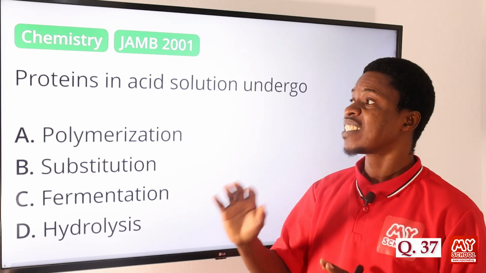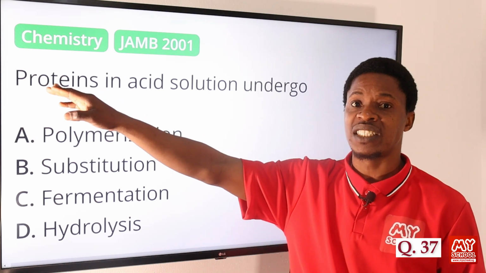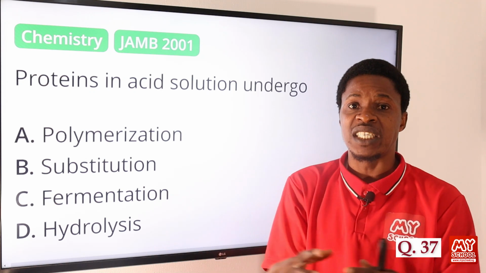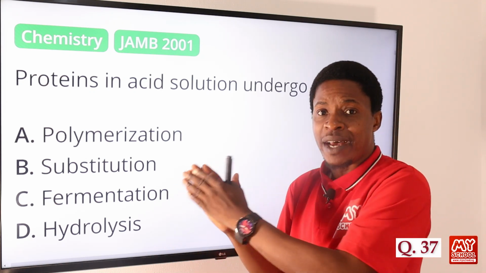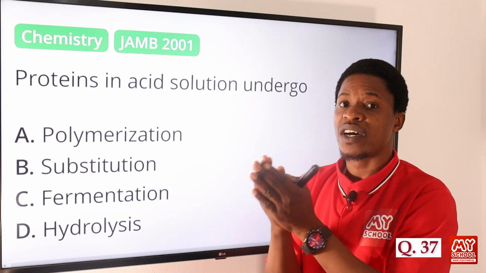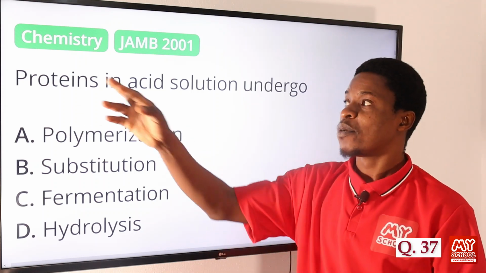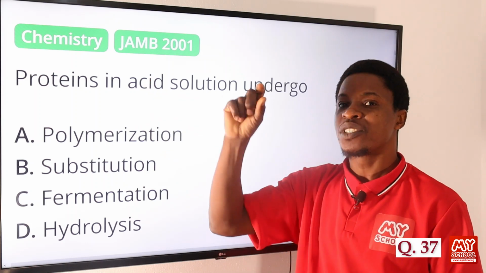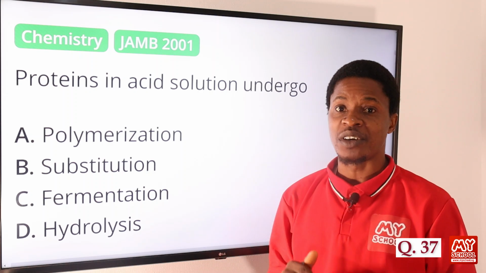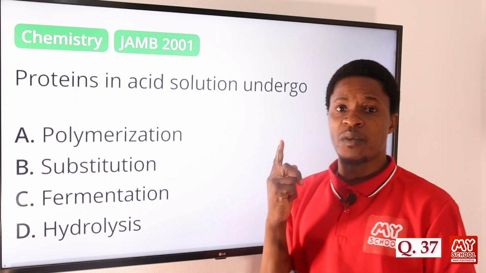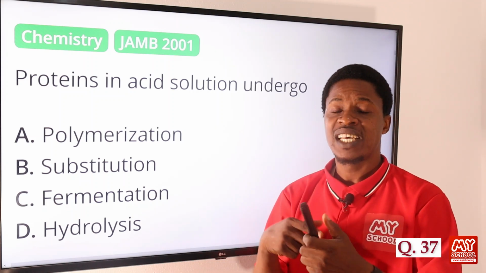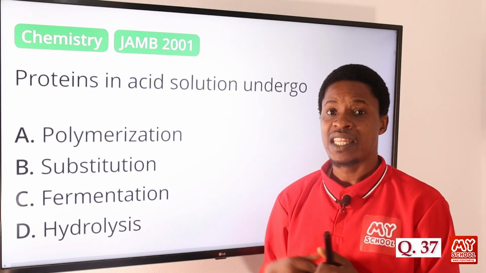So the essence of this acid reacting with this protein is to break those peptide bonds that hold the several monomers of amino acids together, so that you can have smaller units of amino acid. So protein will react in a concentrated acid in a reaction that is called hydrolysis, because the hydrogen ion that is there will definitely come in now to do what? To break down the peptide bond that we have present in the protein.